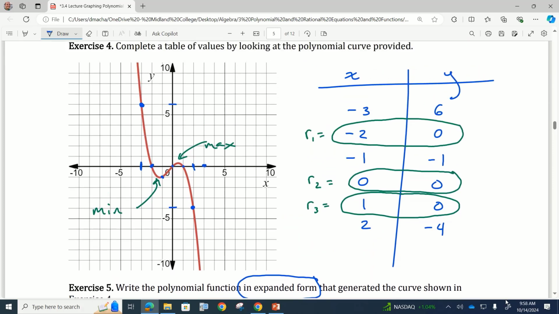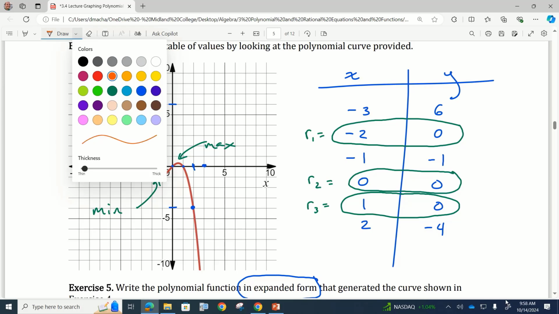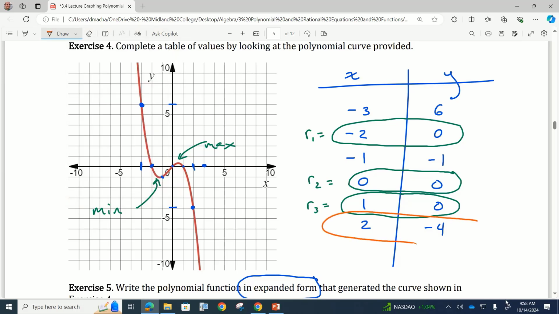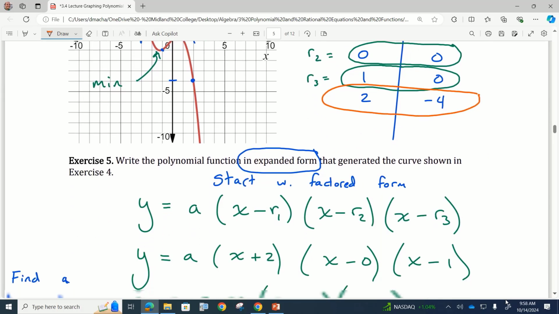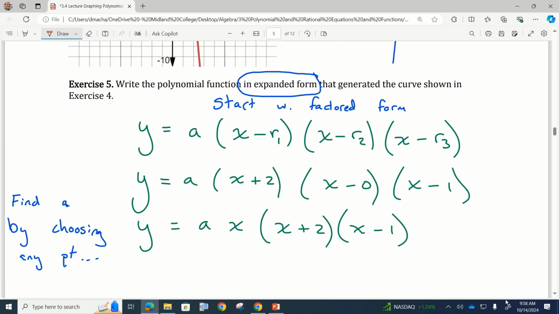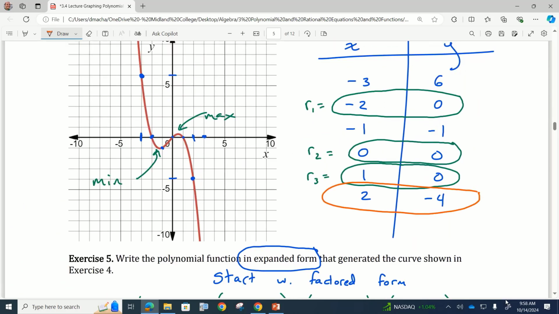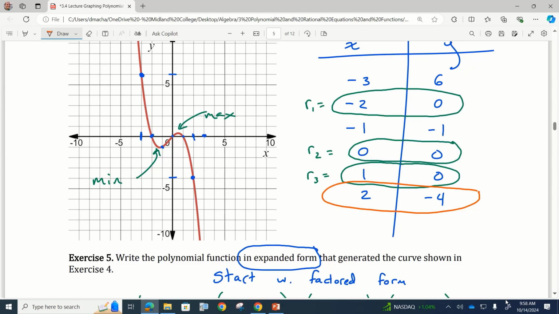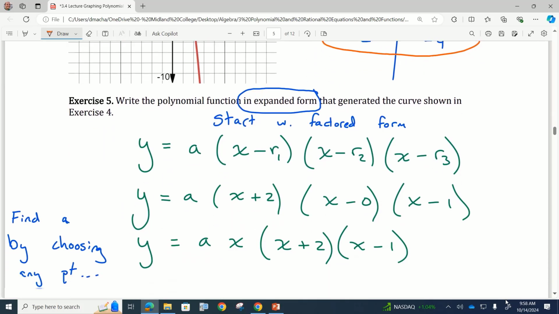In fact, let me pick the point x equals 2, y equals -4. You could have picked any of the other points, like -1, -1, or -3, 6. But again, we have to choose one. So let's move ahead with x equals 2, y equals -4.